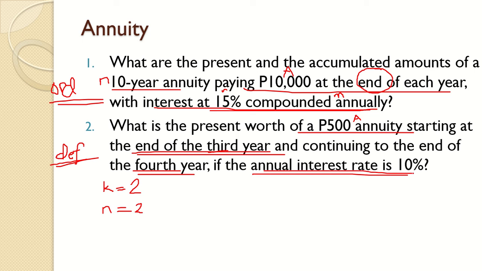Dili ta magproblema kaayo sa M, kay annual man, so M is equal to 1, R is 10%. So please practice analyzing problems, because this is one of our engineering students' weaknesses, analyzing word problems.